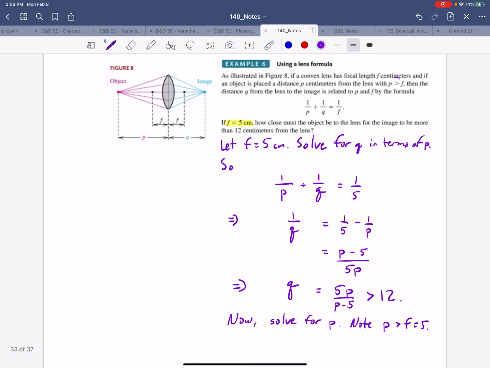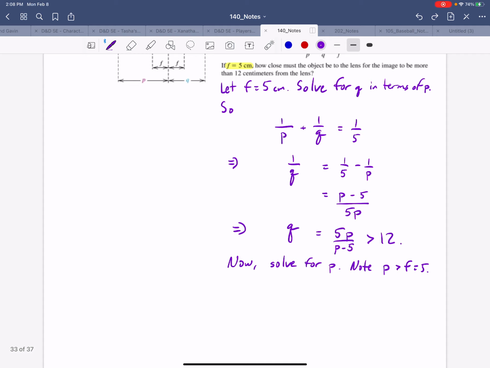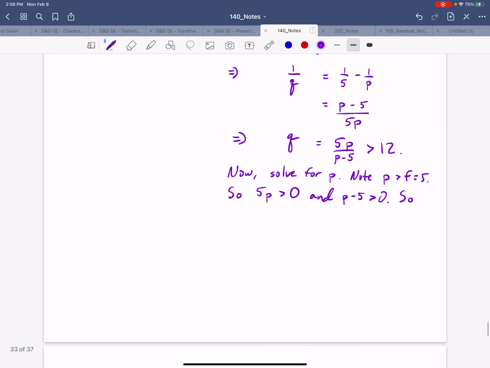It doesn't really make sense to talk about P being less than F. We're always assuming the object is further away than the focal point. So that means that 5P is greater than 0, and actually, so is P minus 5.